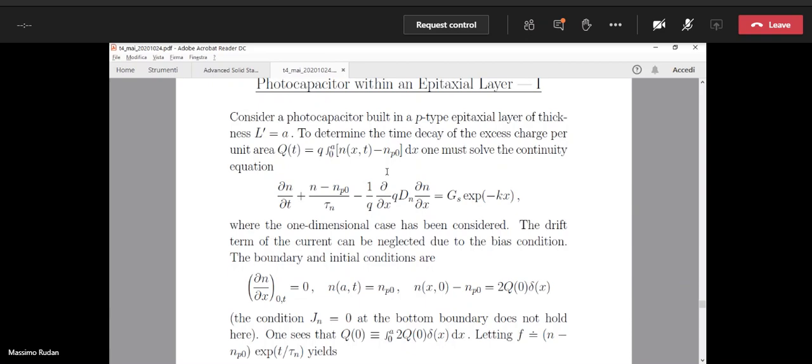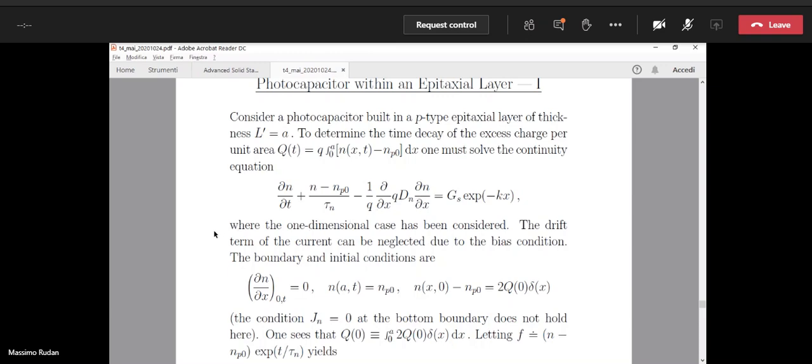So we can immediately eliminate the drift term of the transport equation for the electrons and keep only the diffusive term. So we have the derivative of Jn is equal to the derivative of Qdn times the derivative of the concentration with respect to n, okay?